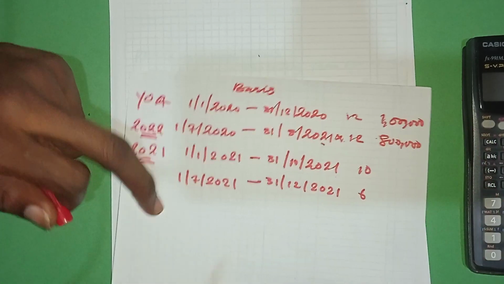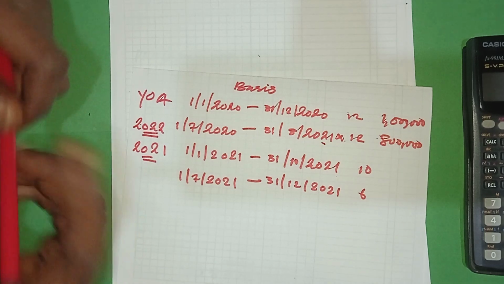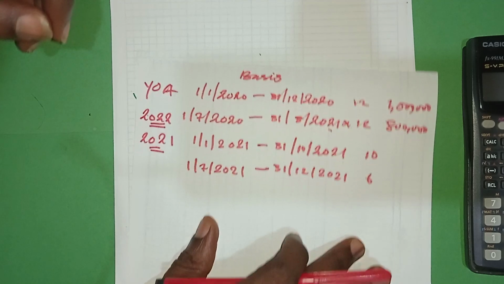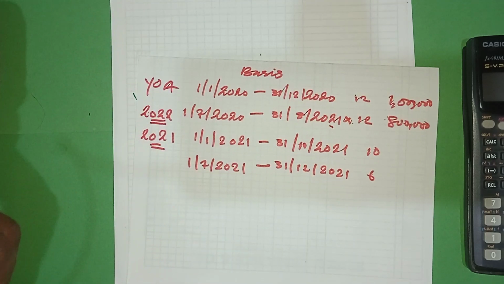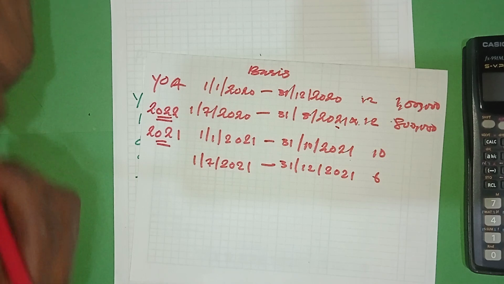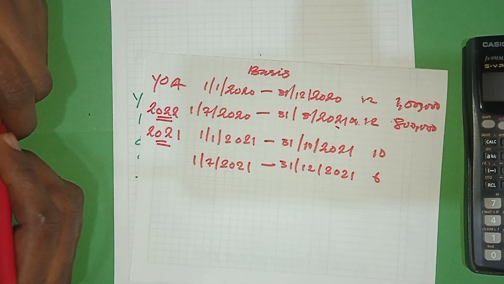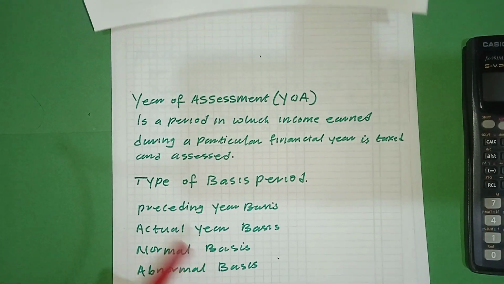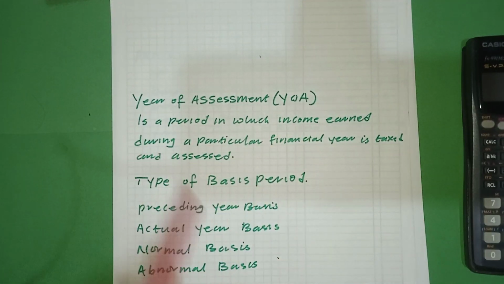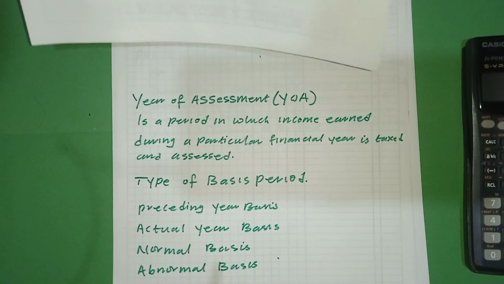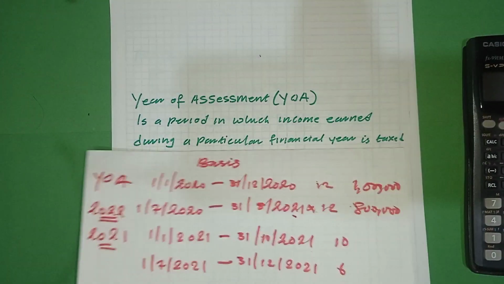So these are your adjusted profits or assessable profits. But the major focus is what? Your year of assessment and your basis period. Once you know these two, at least you can compete for this. Is that okay? Hope we understand year of assessment. Year of assessment is a period in which income earned during a particular financial year is assessed.